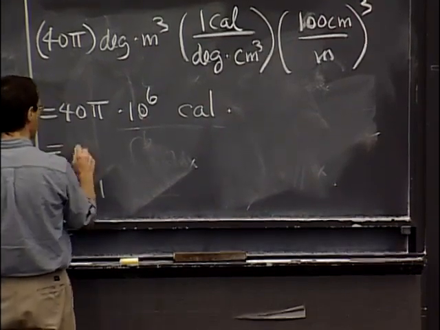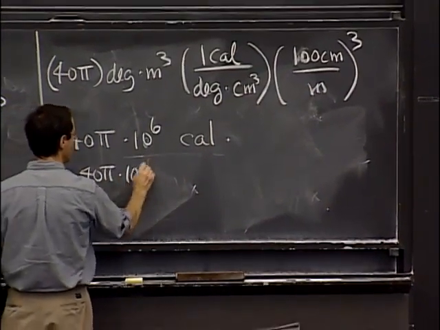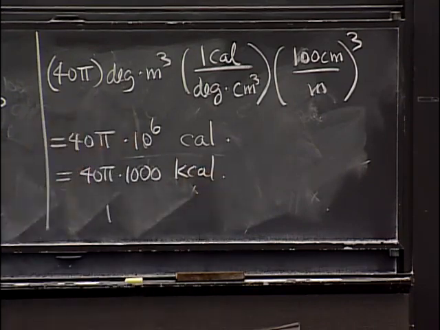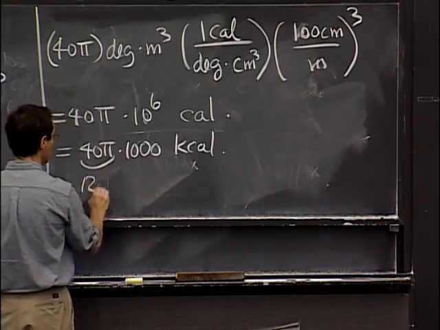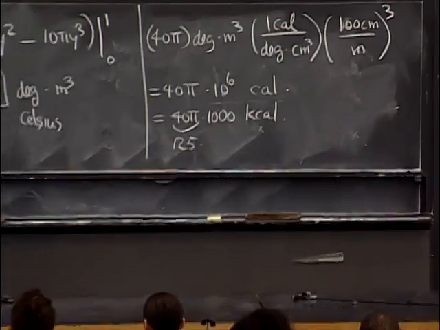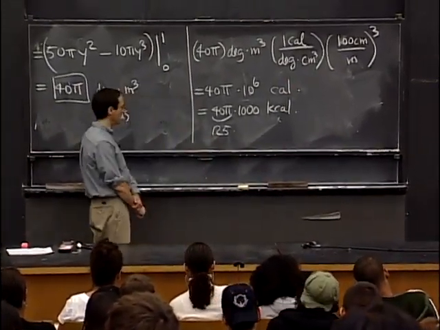Well, it's a little better maybe to do it in 40 pi times 1,000 kilocalories, because these are the ones that you actually see on your nutrition labels of foods. And so this number is around 125 or so. Let's see, is that about right? Let's make sure I've got these numbers right. Yeah, this is about 125, 40 times pi.